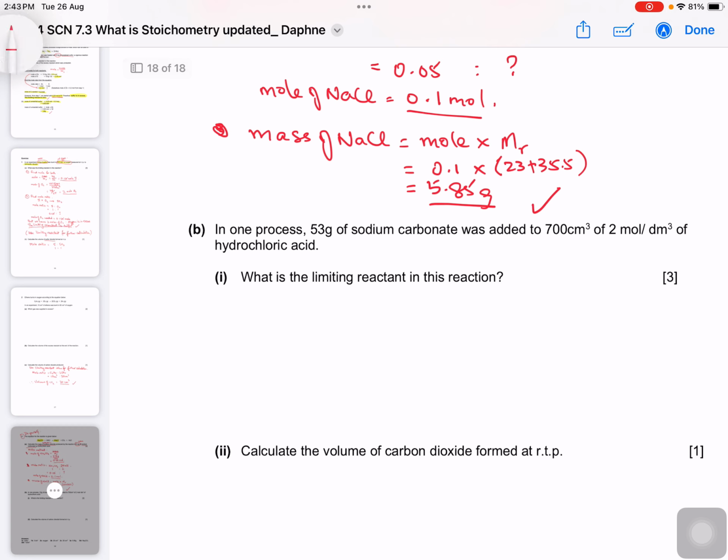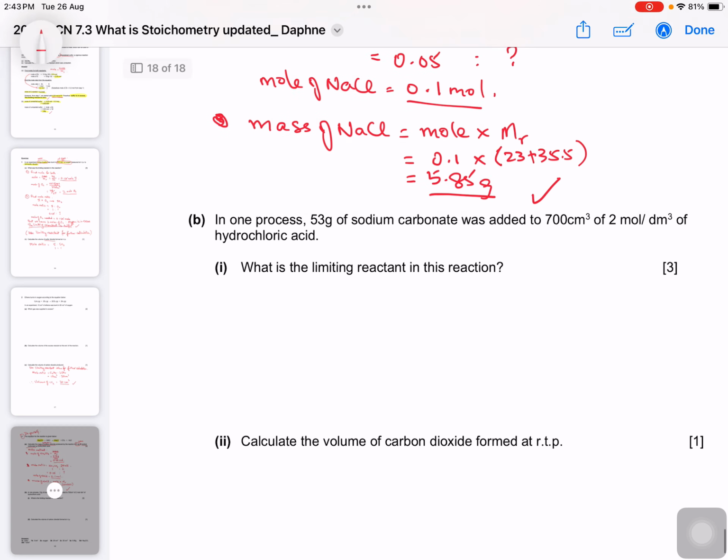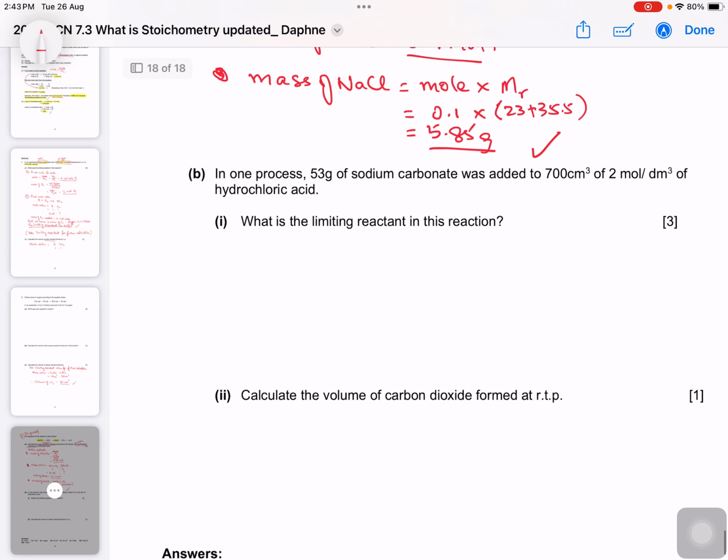Part B. 5.3 grams of sodium carbonate, so this one is mass, was added to 700 cm cube. That one is volume of HCl. And 2 moles per dm cube, that's concentration of HCl. What is the limiting reactant?